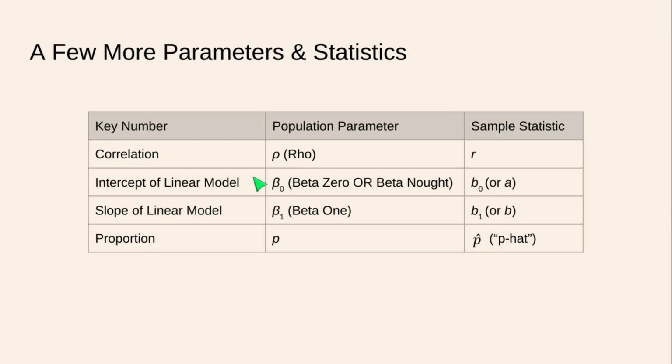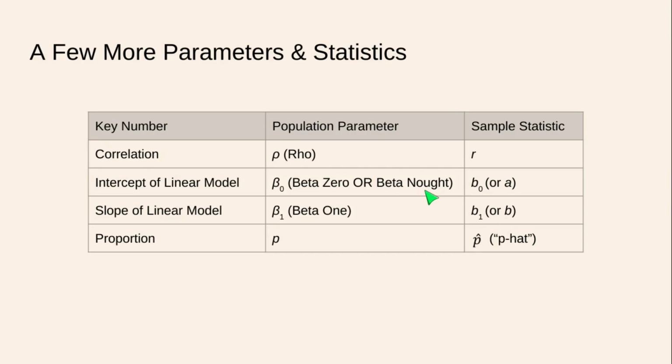So for the intercept of a linear model, we have b sub 0, and in your formula sheet it's just called a, but the textbook, and I personally, prefer to use b sub 0. For the population, that's going to be beta sub 0. That's a Greek lowercase beta, which interestingly looks like a capital B. So it's beta 0, or beta naught, as you will sometimes hear it called.